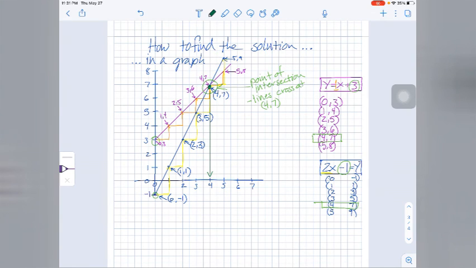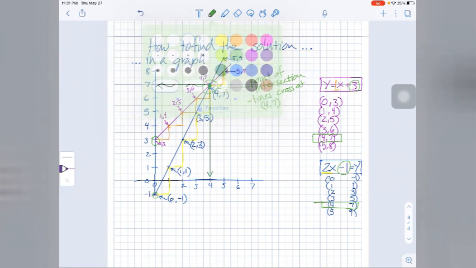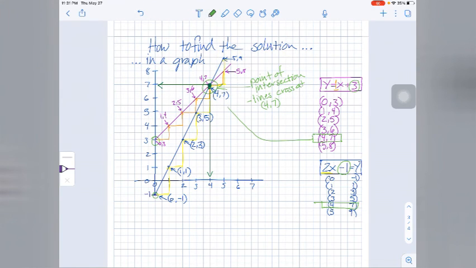You know what? I made my dot a little bit low. It's actually supposed to be up there. And 7 on the y. So that is our solution, and we see that it matches our answers from both of our number sets here.